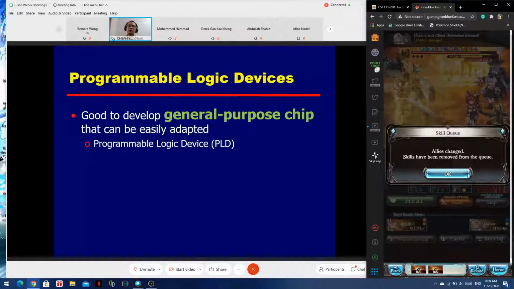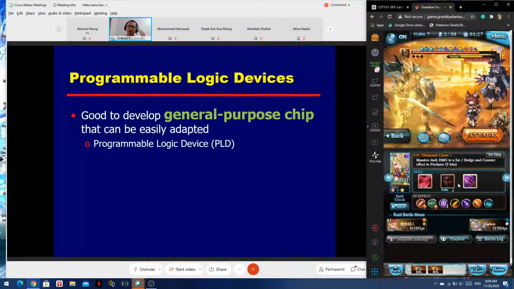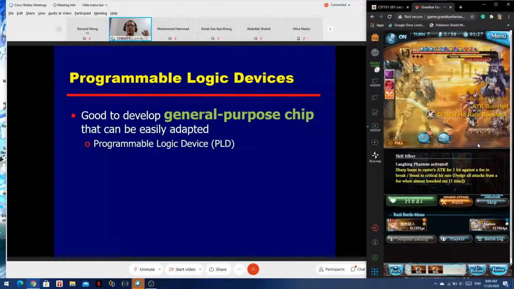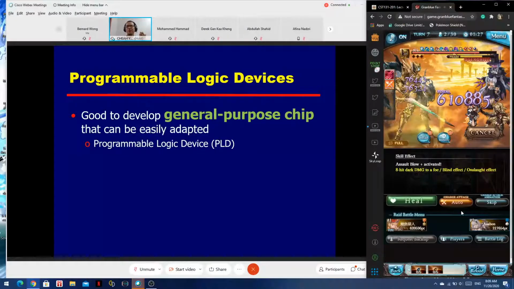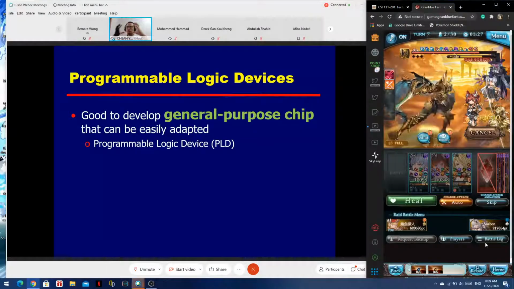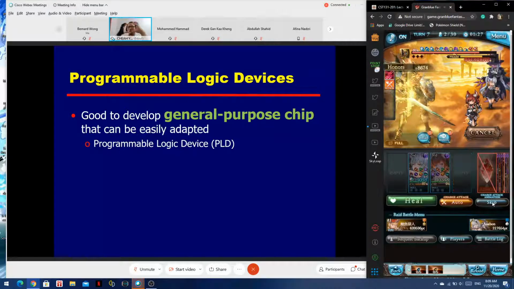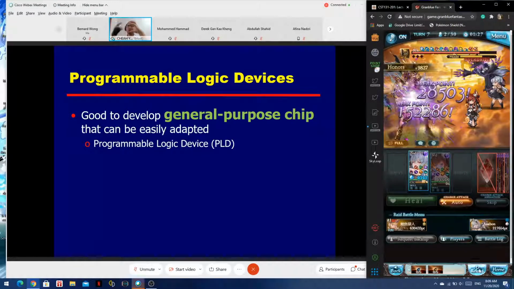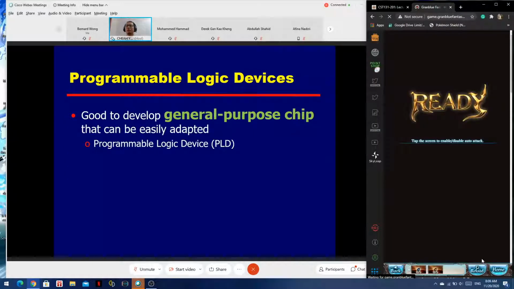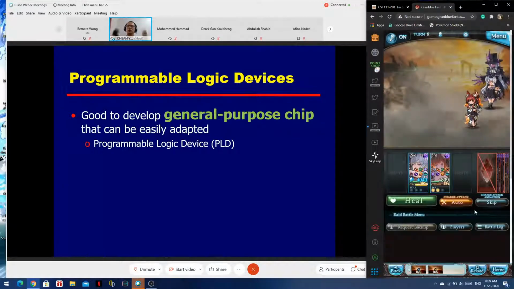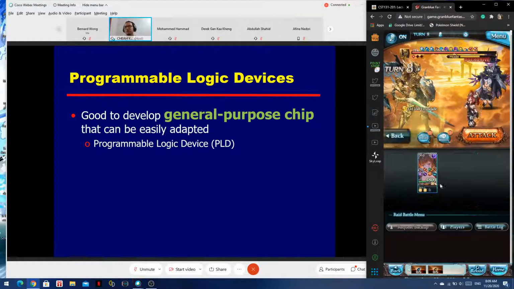So how are we able to develop a general purpose chip that can be adapted? That means we mass produce one general chip only, yet that general chip can be adapted, meaning that it can be programmed. So that's where we come into programmable logic devices.